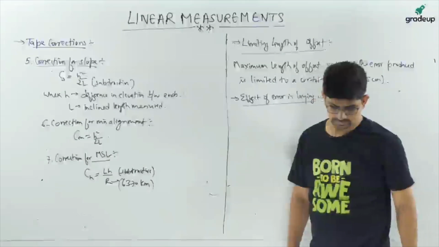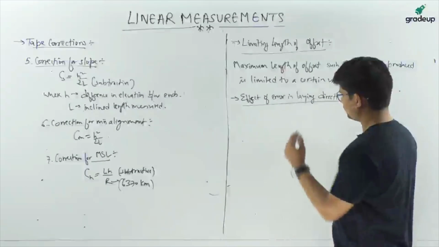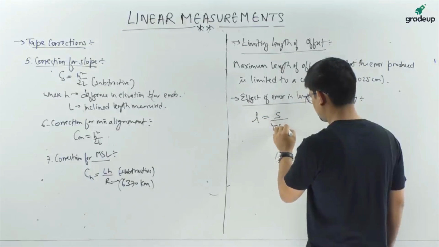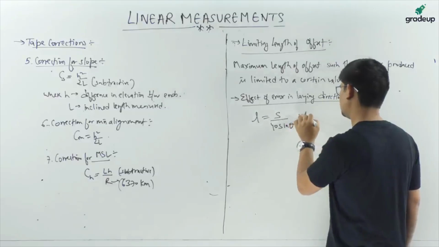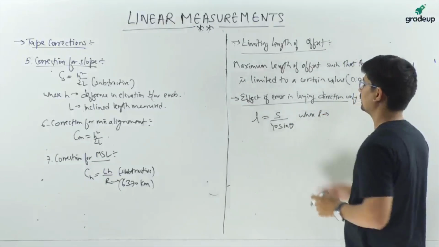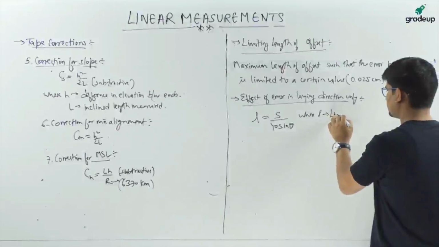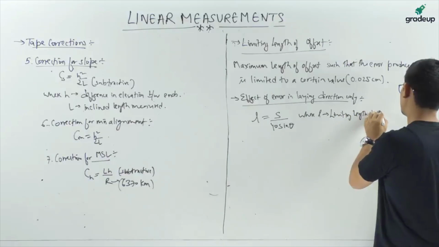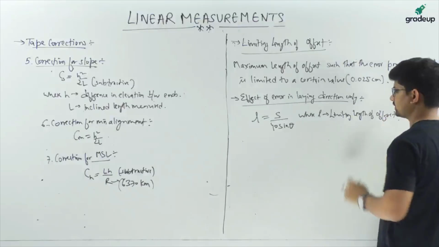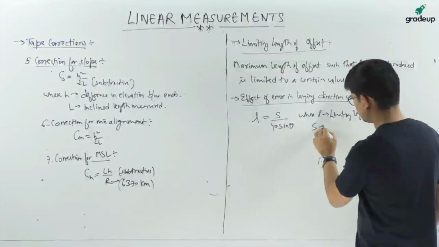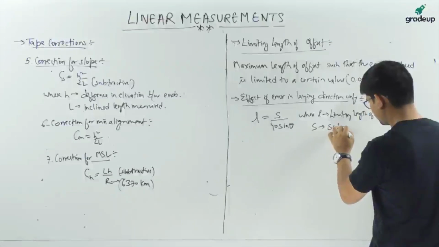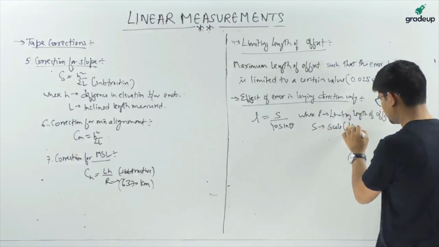In that case the limiting length of offset is L equals S upon 40 into sine theta. Now where L is the limiting length of offset, S is the scale, and there is a particular representation for this.